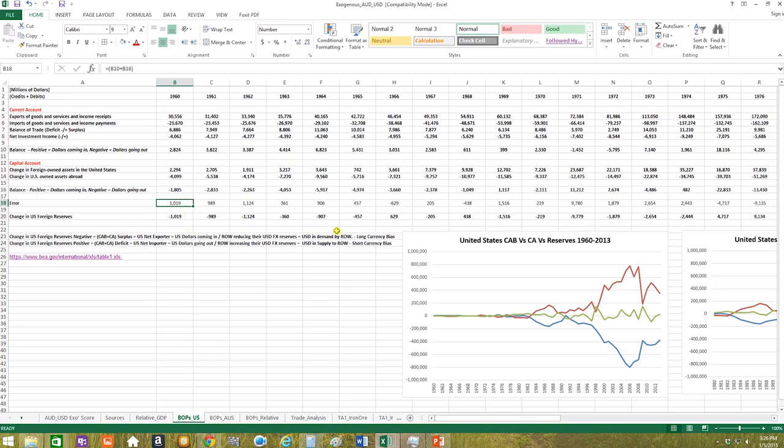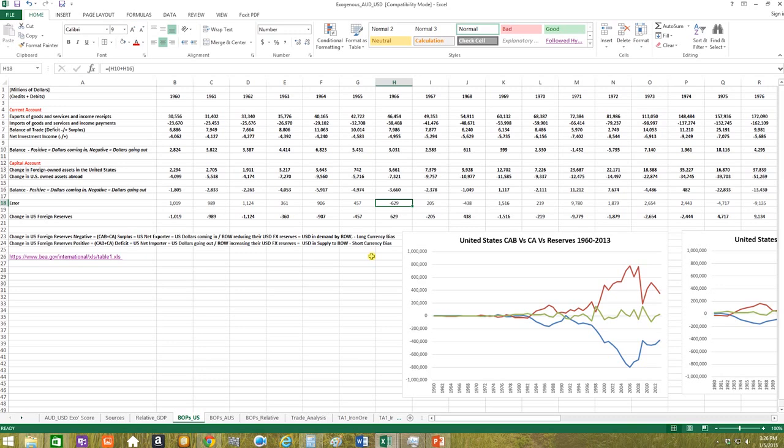Now, let's think of this in reverse, where the error is actually negative. So if we look at column H, for example, if in column H we have a negative value here, well, this means that there are more dollars being shipped out of the United States.